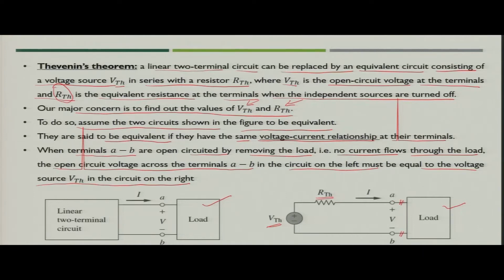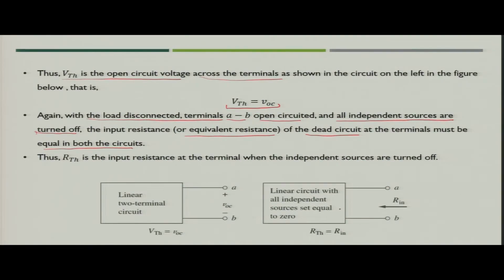Similarly, if you measure RTH here, it will be this value, because in that case this would be short circuited. So, whatever the resistance you see in both of the cases, the input resistance across the linear circuit with all independent sources set equal to 0 would be equal to RTH.